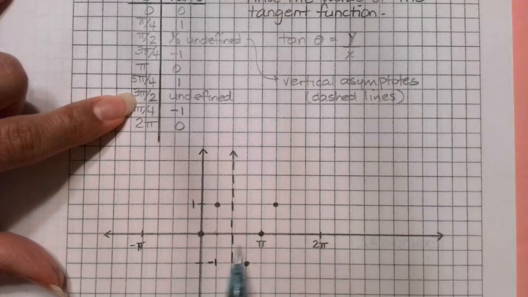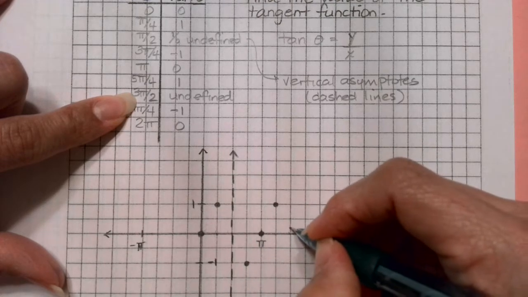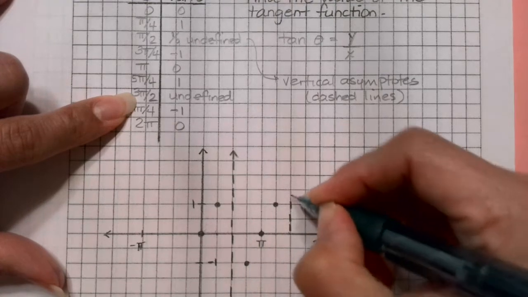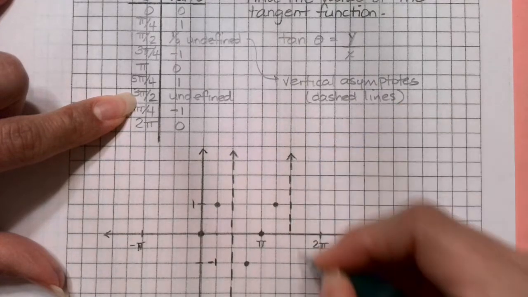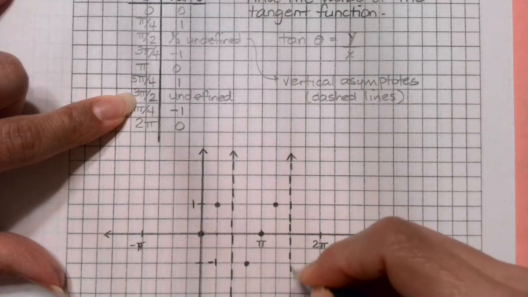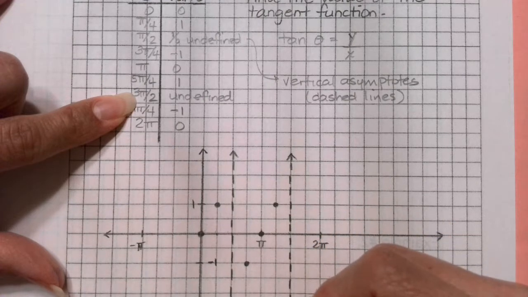How do we find 3 pi over 2? Well, I know from here to here is pi over 2. So if I just hop every 2 squares, pi over 2, 2 pi over 2, 3 pi over 2, we know that right here is my other vertical asymptote. But if you also keep in mind, something is happening every pi over 4 units.